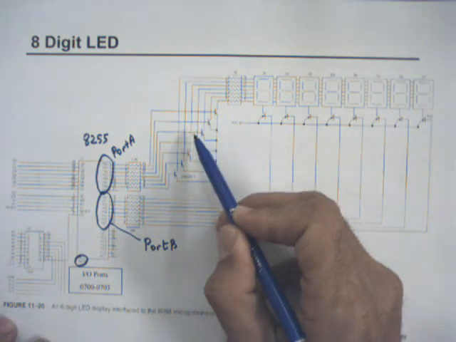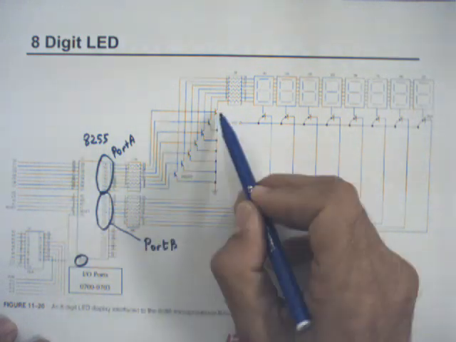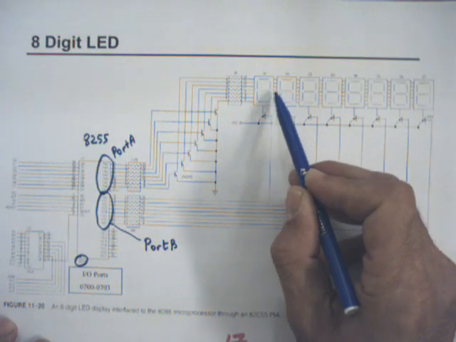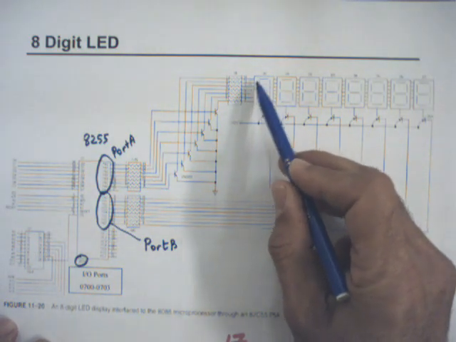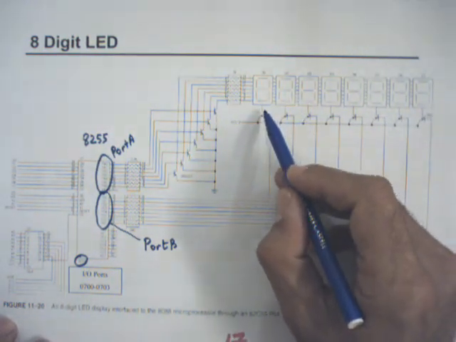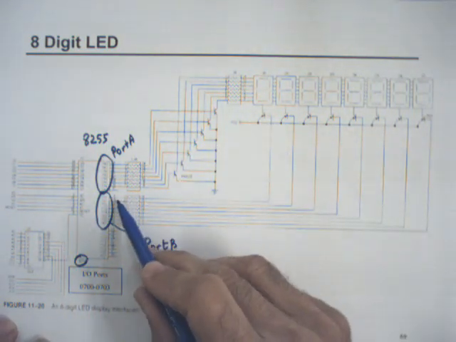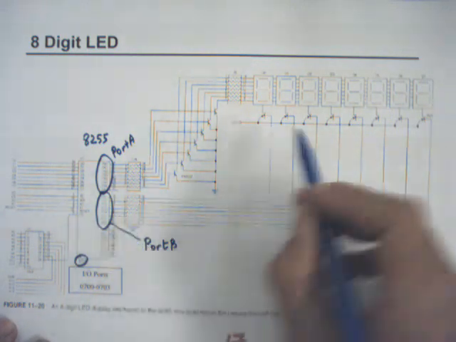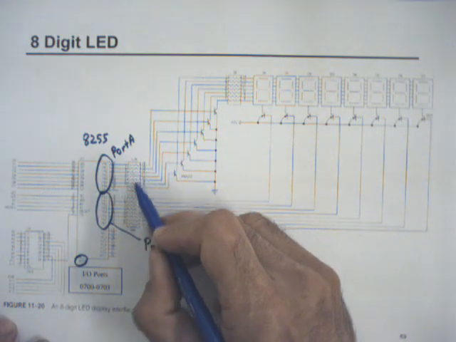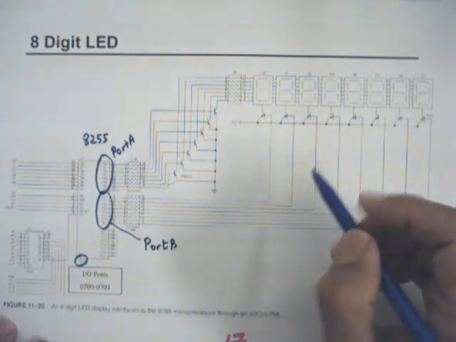If any signal at here is high, then this corresponding transistor conducts, and it's connected to one segment parallel to all 7 segment LEDs, and each segment's common signal is driven by PNP transistor. So if any signal at here is low, then corresponding transistor is conducting. If any signal at port A is high, then corresponding NPN transistor is conducting.